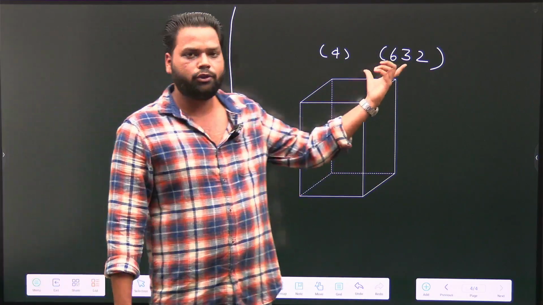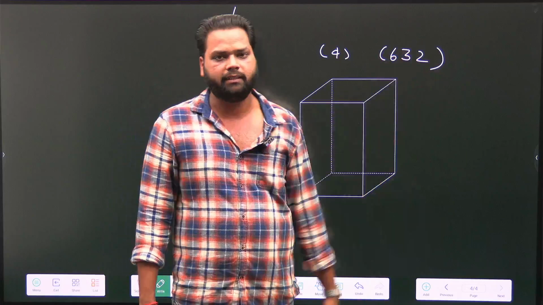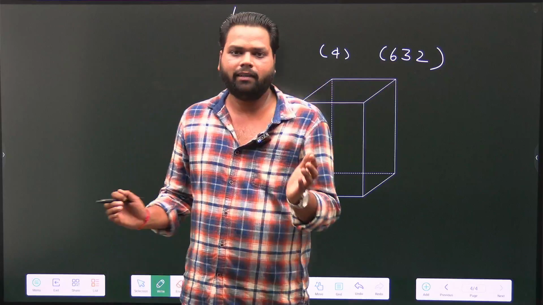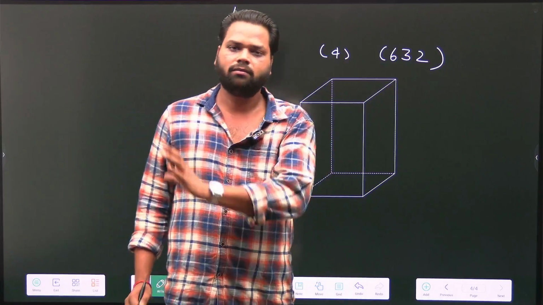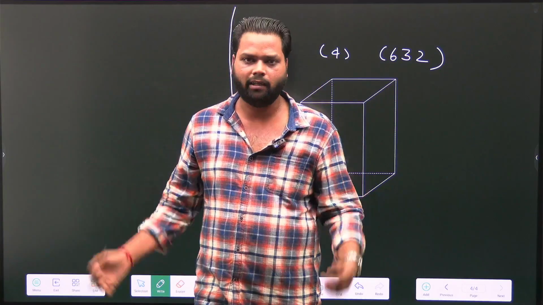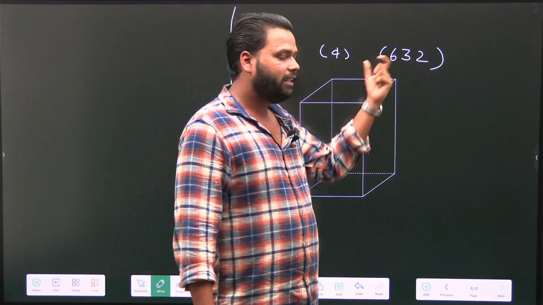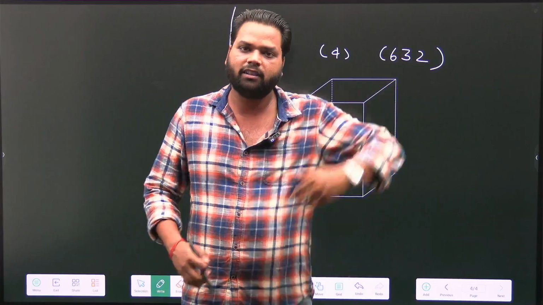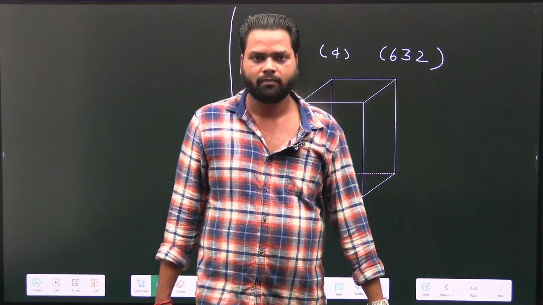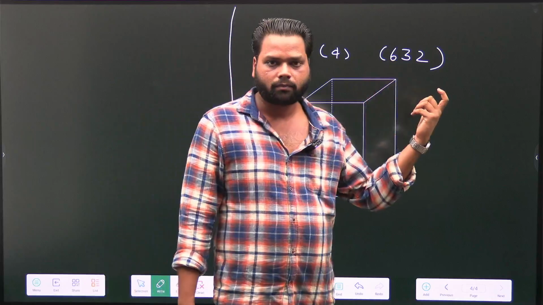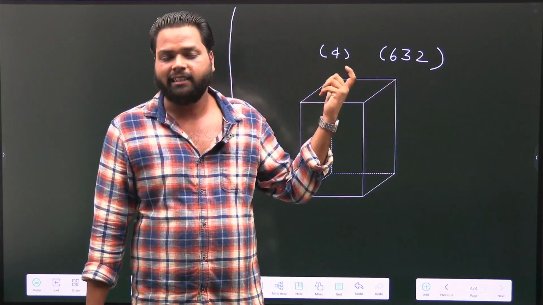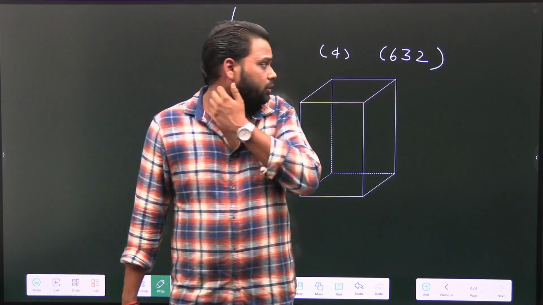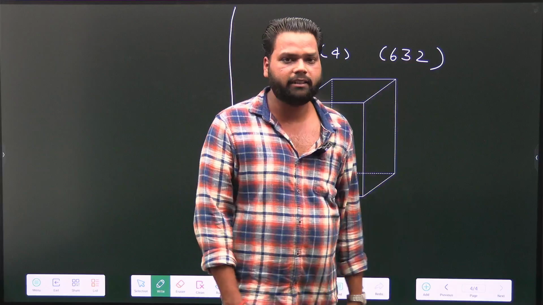See, अगर ऐसा कुछ आ जाए, if you got this type of Miller indices, 632, while seeing this, until now अभी तक हम क्या कर रहे थे? 1 1 0 और 1 bar 1 0 ऐसे में deal कर रहे थे. But if you see this 2, 3 and 6, if you are going to draw according to these Miller indices, you will reach the next level, means the next unit cell. So what I told you, make it the least integer. First of all, make this the least integer. So how can you make the least integer here?